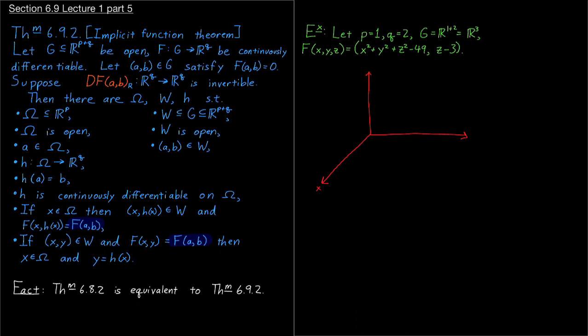And I picked this particular function, of course, because I am not totally terrible at drawing planes and spheres. So here are our x, y, and z coordinates. Then here is our sphere, where the first component f1 is 0, that is of course a sphere.